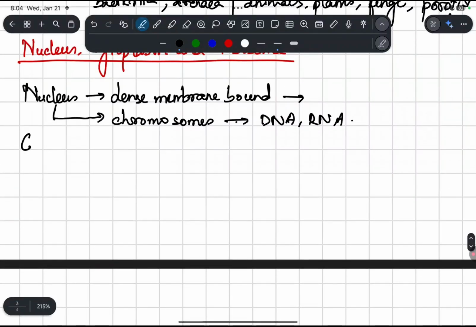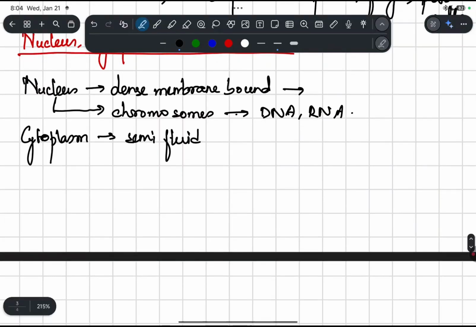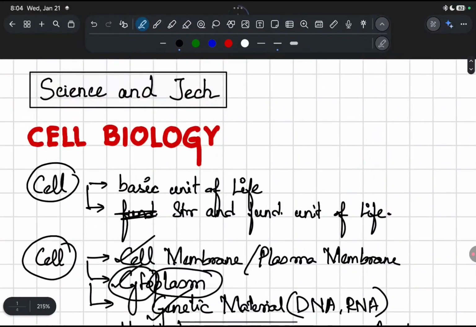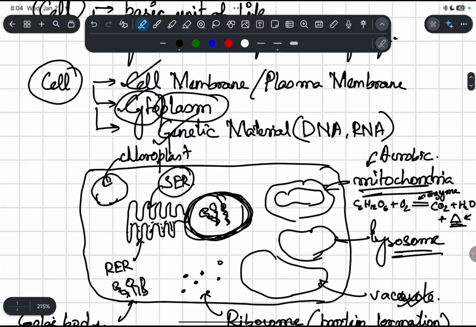So next up, let's take cytoplasm. It is a semi-fluid structure, present of course both in prokaryotes and eukaryotes. We have seen in the first slide as well that in order to call something a cell, it should have a cell membrane, then it should have cytoplasm, right?